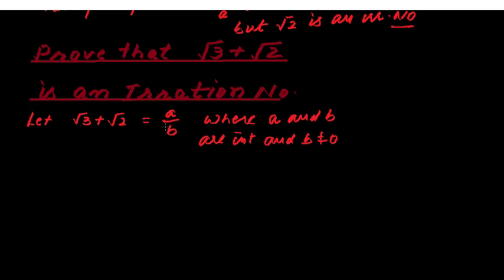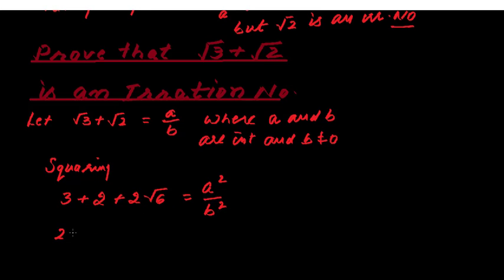Taking square of this, squaring on both sides, what will you get here? You have to apply the (a plus b) whole square formula. √3 square is 3, √2 square is 2, and 2 times the product, it is 2√6, is equal to a square upon b square.